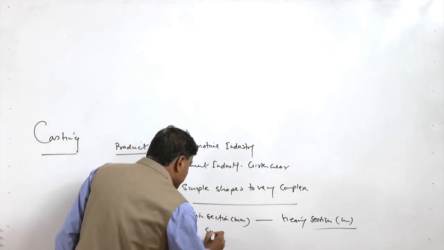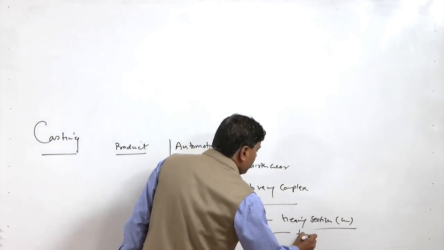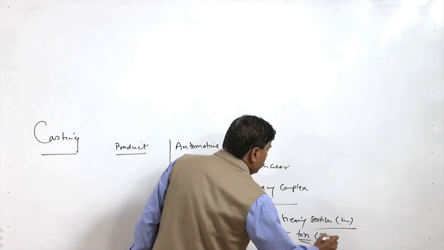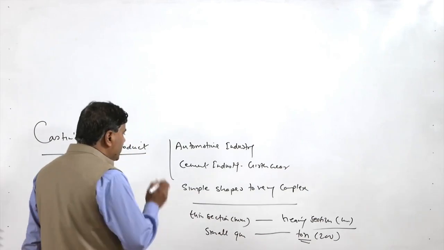For small size castings of a few grams to a number of tons, like a maximum of up to 200 tons, castings also have been made.